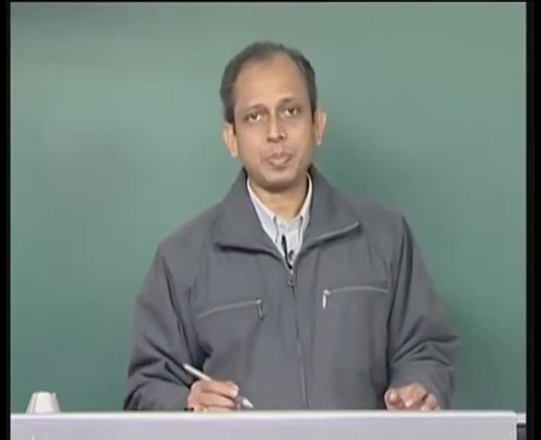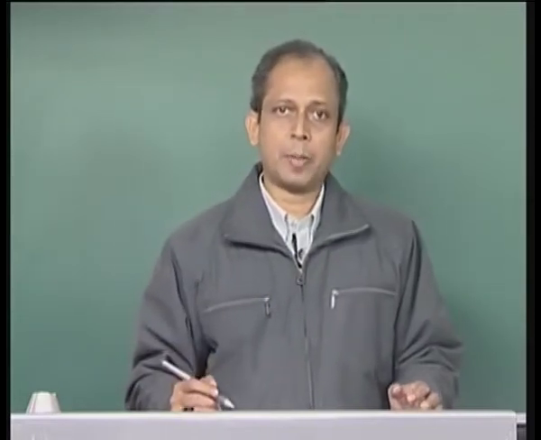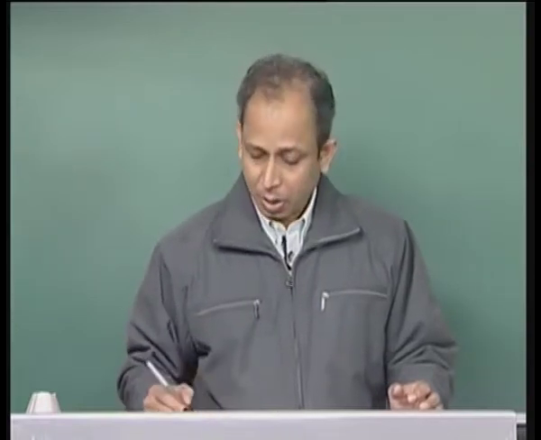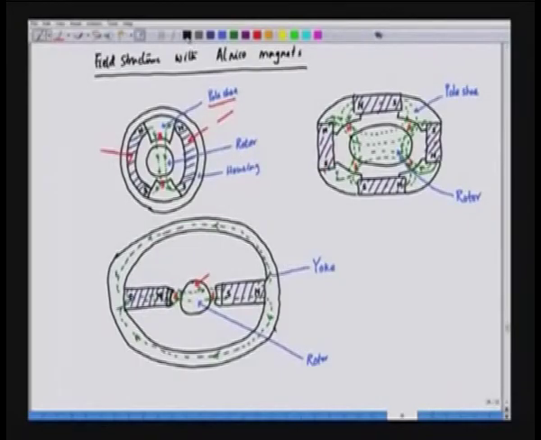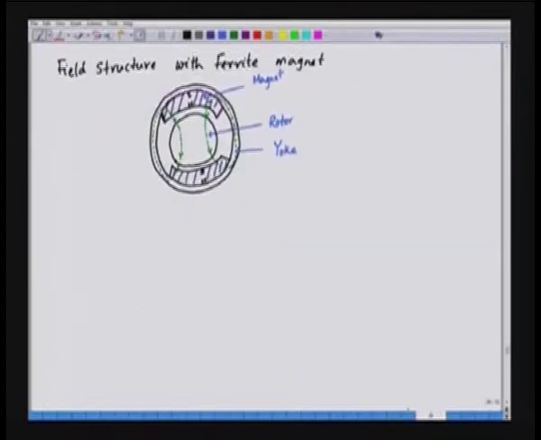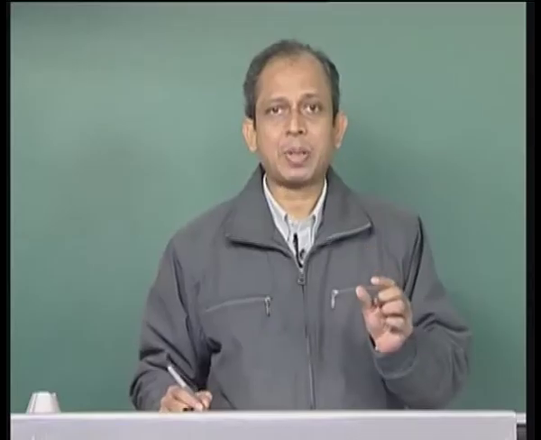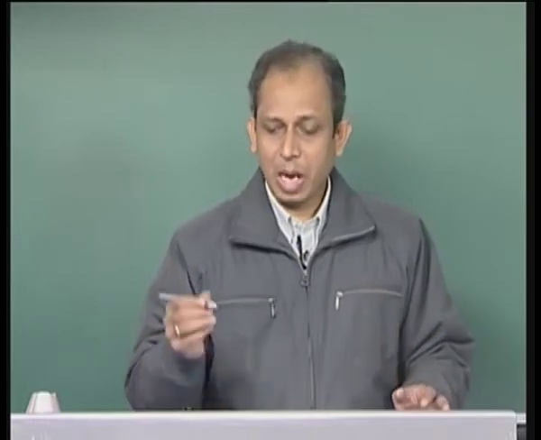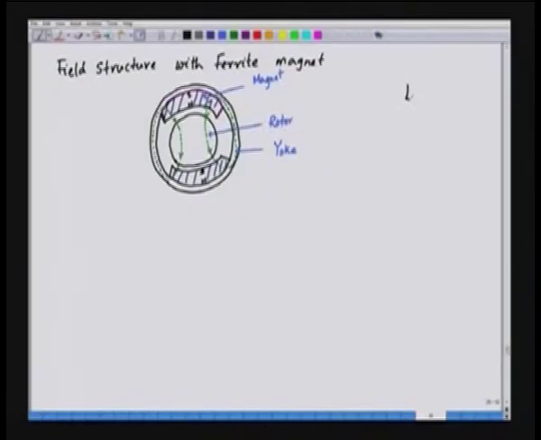Now, if we go to ferrite magnets, we have already seen that for ferrite magnets we need thin magnets, but with large width. We have this L by A ratio, Li by Ai, and for ferrite we need small Li and large cross sectional area. So, Li is the length of the magnet and Ai is the cross sectional area of the magnet.